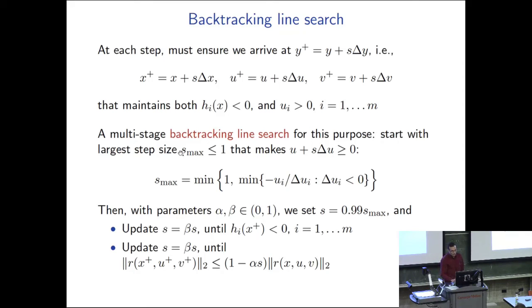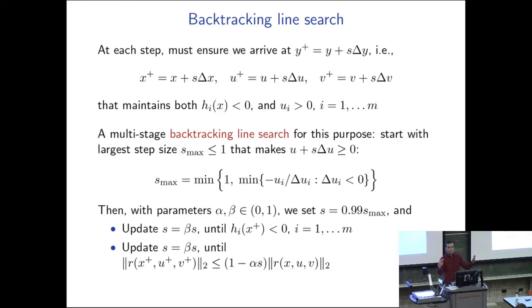First we find the largest step size, and we're doing Newton steps here, so the biggest step size that makes sense is 1. So we can always start at 1 and figure out where to go from there, taking smaller steps. We're going to first figure out the largest step size that keeps the dual iterates strictly positive. I have some given direction delta u I calculated. I have some vector u that I have in hand.